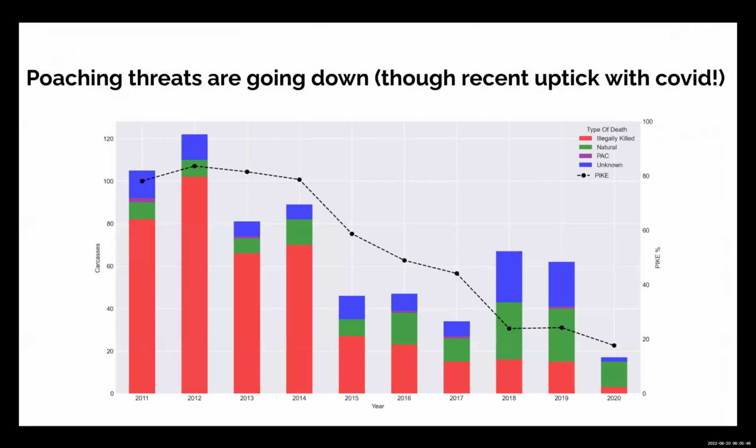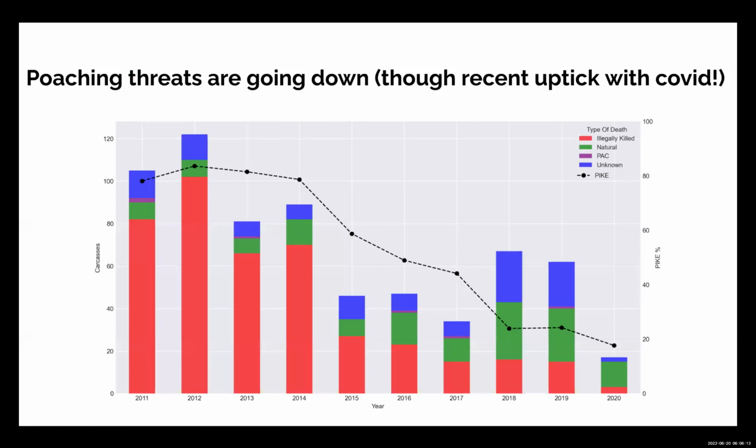The good news is, since the Mara Elephant Project has been operating in this area, poaching threats have been going down. In 2011, there was a significant amount of poaching happening with this elephant population, but through education and mitigation efforts by them and many other organizations in the area, we are seeing a decrease in poaching, which is really good.